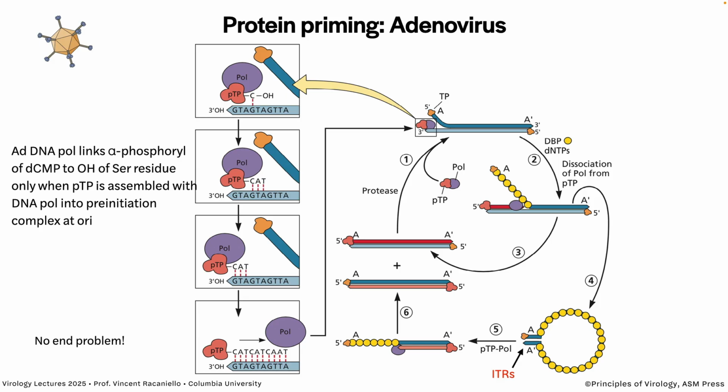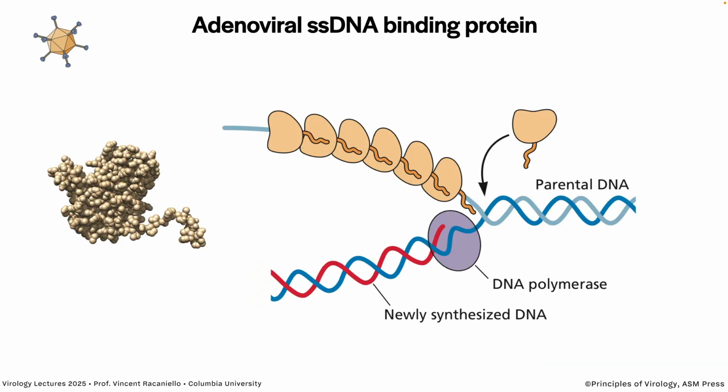And it's strand displacement. The DNA polymerase, the DNA binding protein, these are all viral proteins doing this. So an example of protein priming. We saw another example of protein priming for poliovirus RNA synthesis. Here's a picture of the adenovirus single-stranded DNA binding protein.